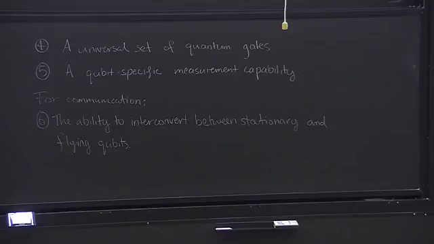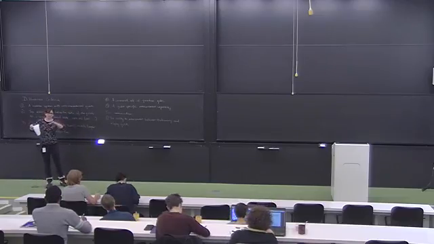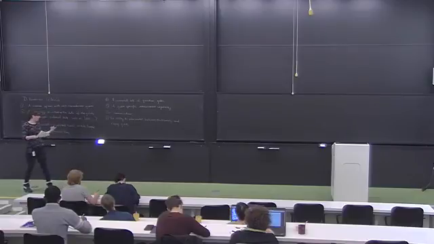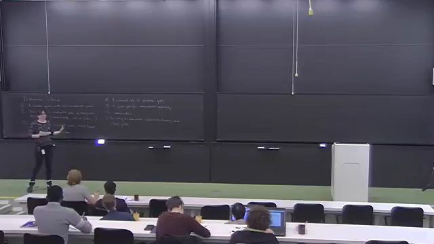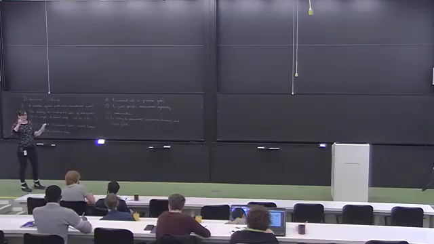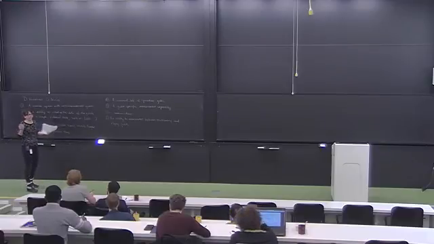And so a stationary qubit is a qubit that kind of lives in your computer, and you do operations on it. So it might make sense to encode a stationary qubit in an atom, for example. While flying qubits are qubits that you want to send from location A to location B, and so it might make sense to encode that information into a photon, for example, because sending an atom from here to the moon might be problematic.